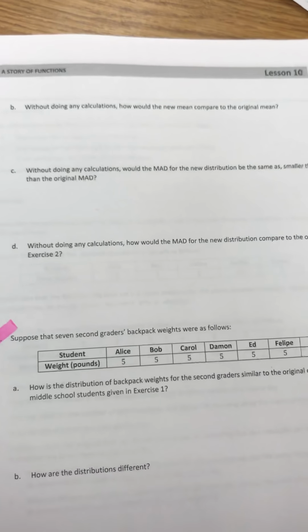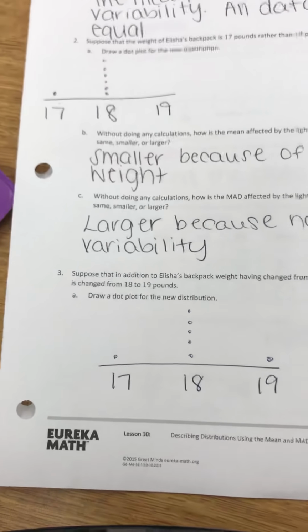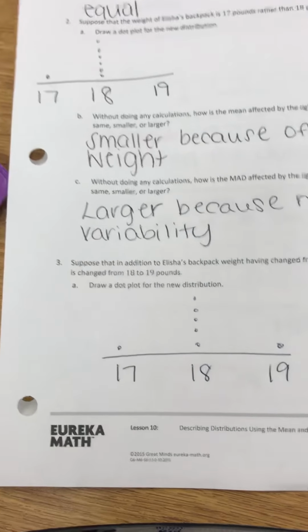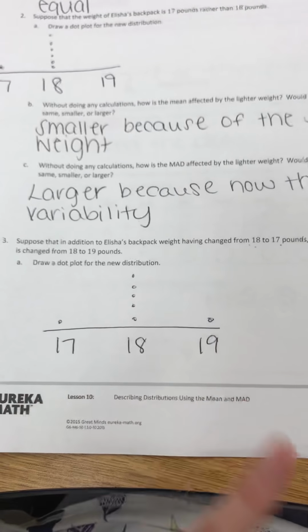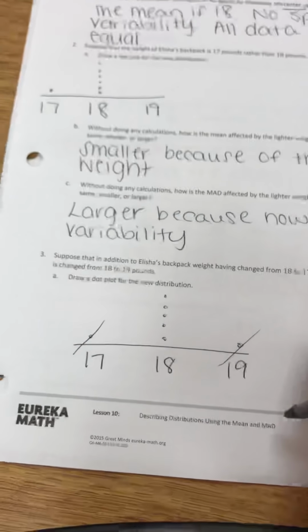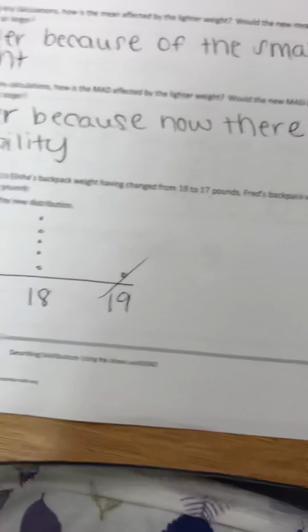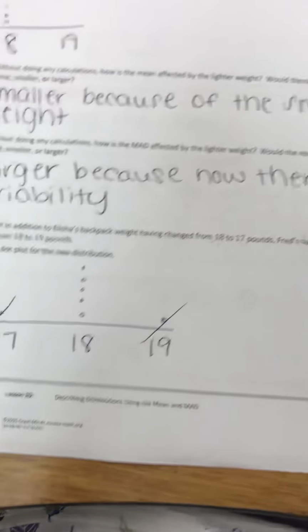Without doing any calculation, how would the new mean compare to the original mean? Well, the really cool thing about this is that when you balance it out on the side, it's like they're canceling each other out. So it's like if we took this, we crossed it off, what's the new mean? The new mean is 18. It's the same because it's balancing it out. We're able to cross it off.